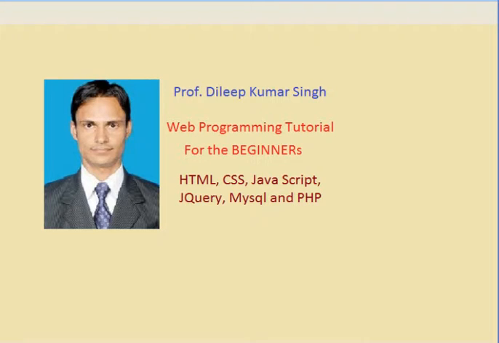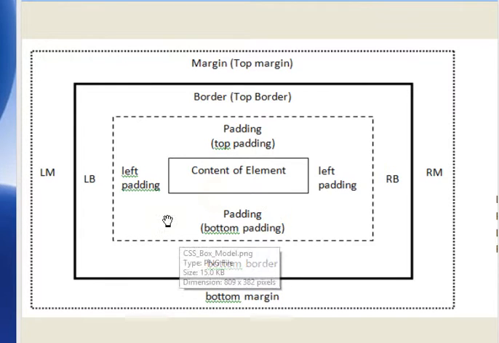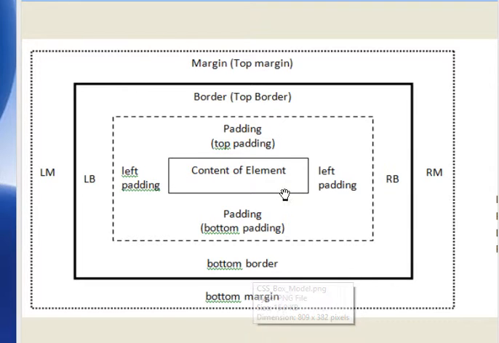Today we'll see the CSS box model. So what basically is the CSS box model? Every HTML element in a web page is represented by a rectangular box, right?